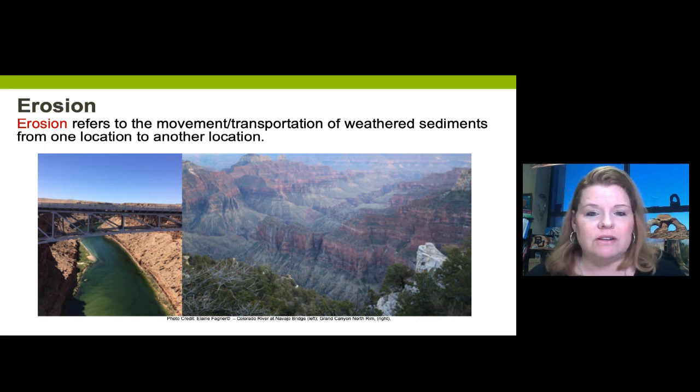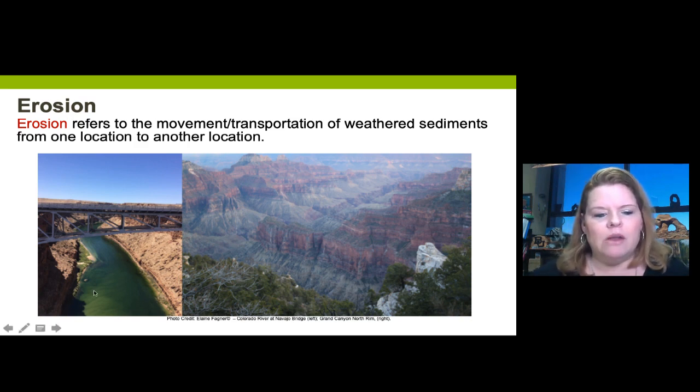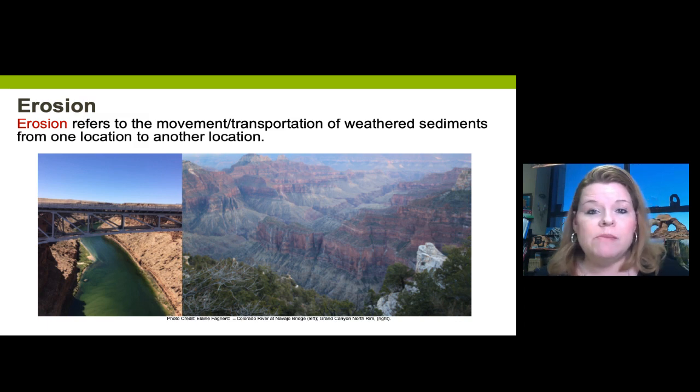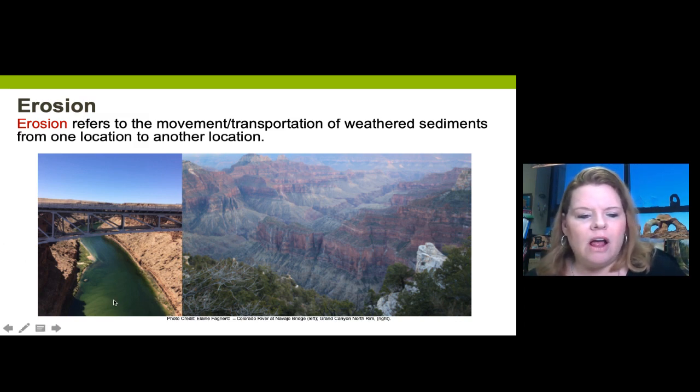Erosion's a bit different. Erosion takes those broken down weathered sediments and transports them elsewhere. So I'm going to point out the Colorado River. This is at Navajo Bridge in Arizona, close to where you would go towards the turnoff of the north rim of the Grand Canyon. And on the Colorado, you can actually see sediments that have been deposited right in here.